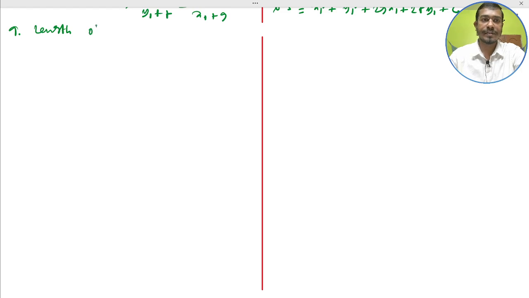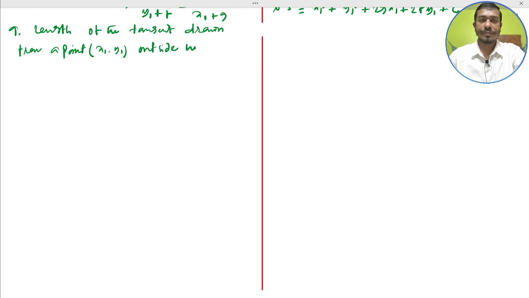Length of the tangent drawn from a point, the point is x1, y1, outside the circle S equal to 0, is square root of S1.